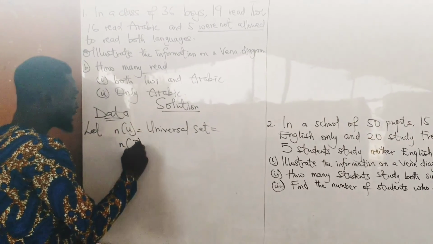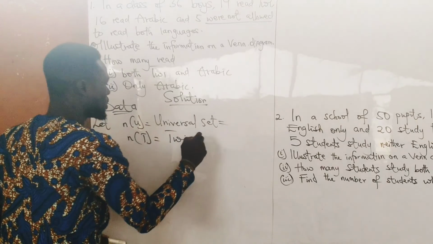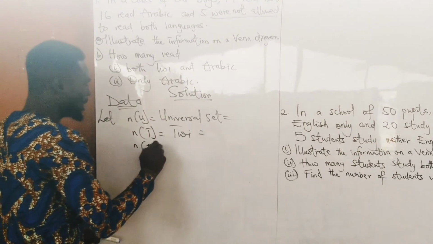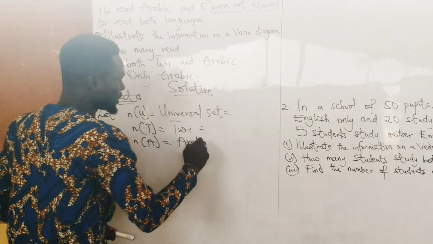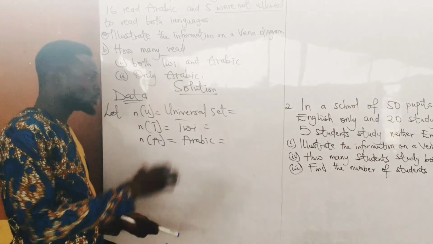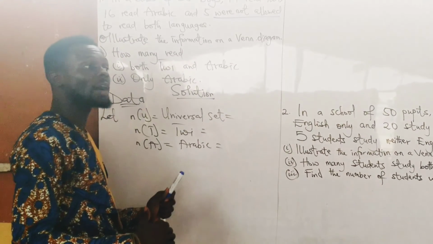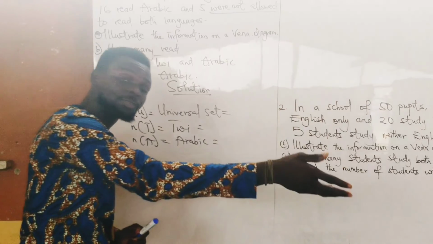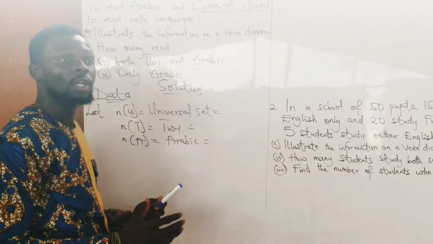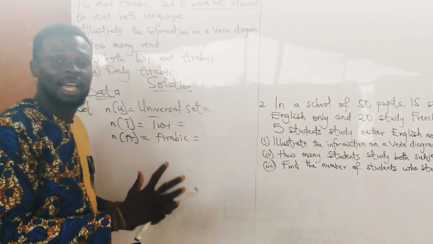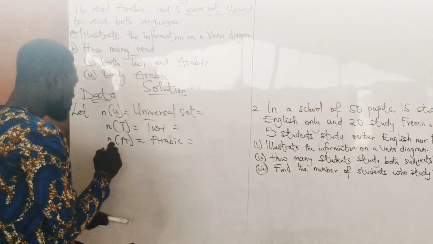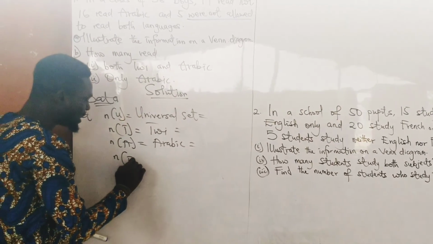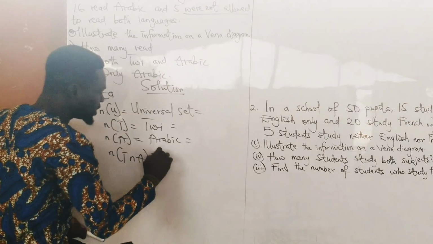So the first letter T as Chi and the first letter A as Arabic. Definitely we are going to have students that do both, and those that do only one, depending on the question. So I'll go straight forward and write the number T intersection A, which is both.